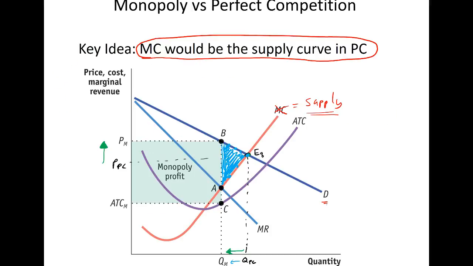If we come back to here, we see that for the monopoly, I'll draw this in blue here, the productive efficient spot would be right here. So if somehow you could produce at this quantity, you'd be at productive efficiency. But we see that monopolies don't produce at that point.